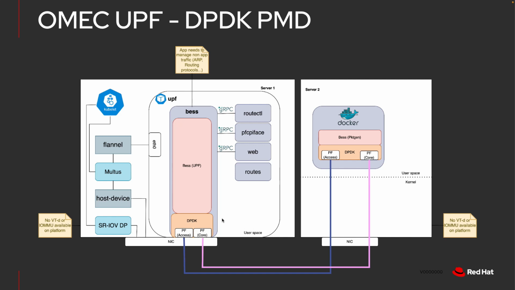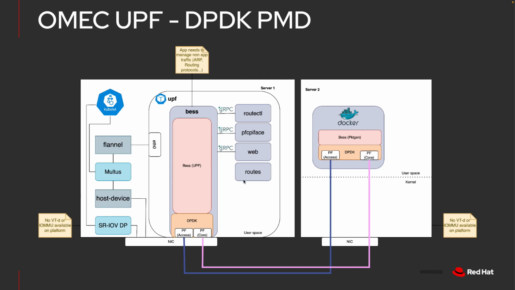There's a bunch of other containers that run as part of the overall UPF pod: a rootkettle or root control container, a PFCP container, and another container that does a bit of port forwarding, which allows us to access a nice visual representation of the UPF pipeline.